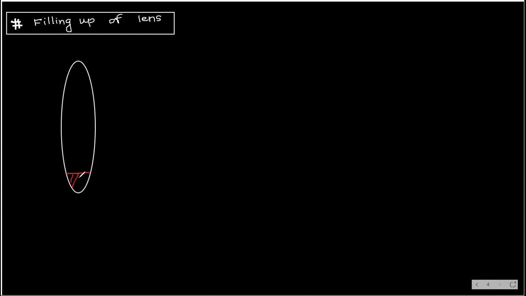For this much part I filled with some refractive index, let us suppose mu1. Next, some part I filled with refractive index mu2. Next, suppose this part I filled with refractive index mu3.